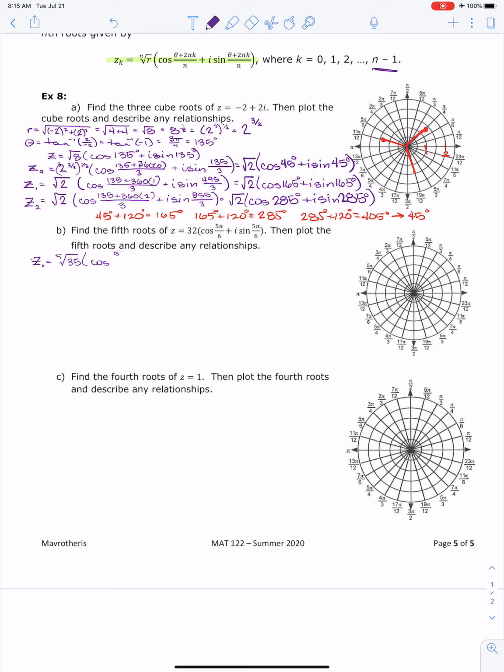And what I get is 5 pi over 6, plus 2k pi times 0, all divided by 5, which is i sine 5 pi over 30. I get 2. 5 pi over 30 we can reduce to pi over 6. So cosine pi over 6 plus i sine pi over 6. 1, 2.